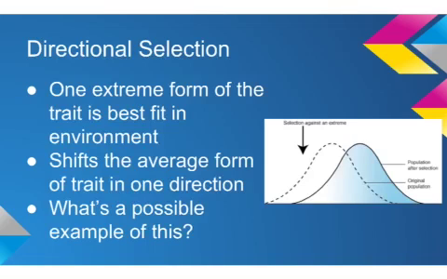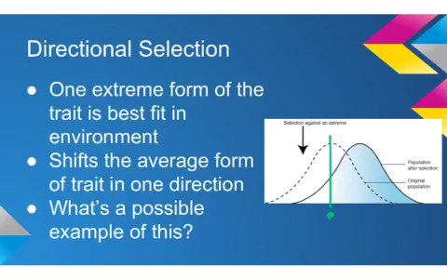So directional selection is when a very extreme form of the trait happens to be the one that's best fit for the environment. And so it's going to shift that average from, maybe over here was the average used to be that brown fur was most common, and that's where our average was.